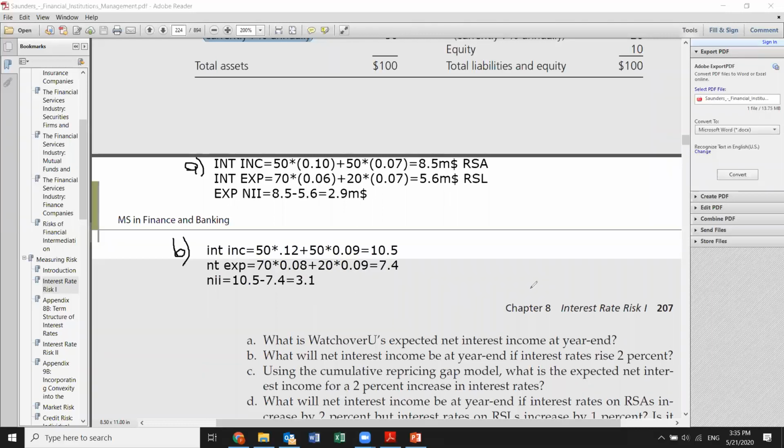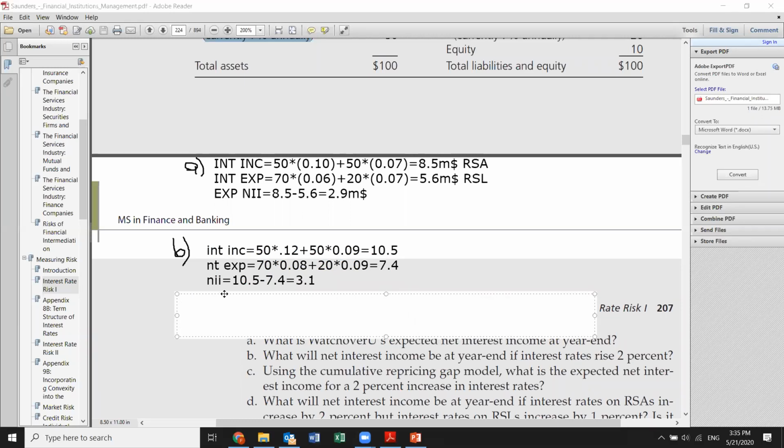Okay, let's go further. Part C, using the cumulative repricing gap model, what is the expected net interest income for a 2% increase in interest rates? So let us use the cumulative gap model.